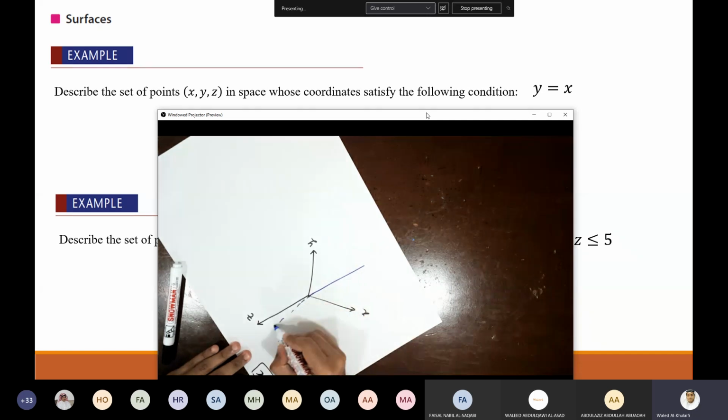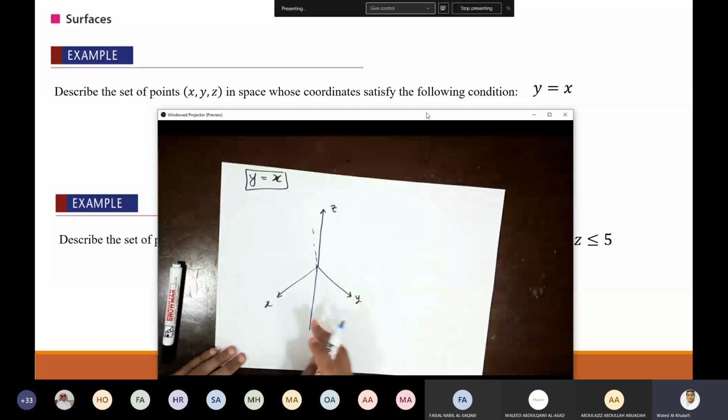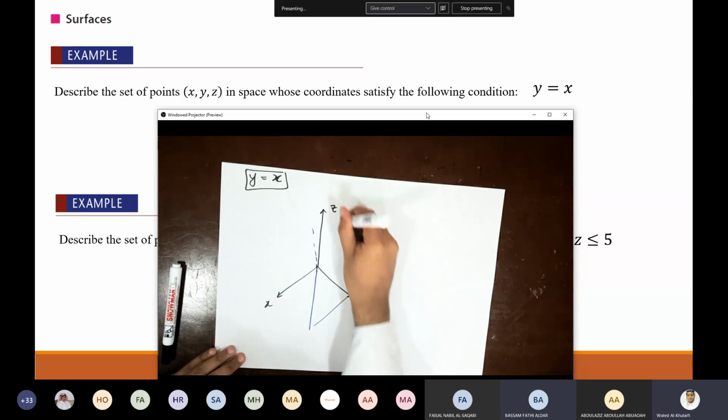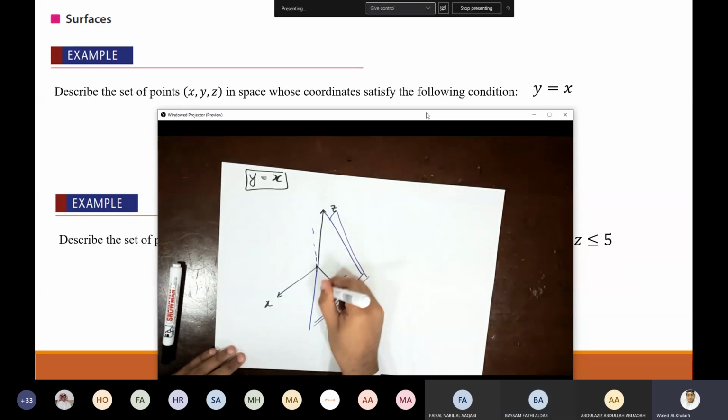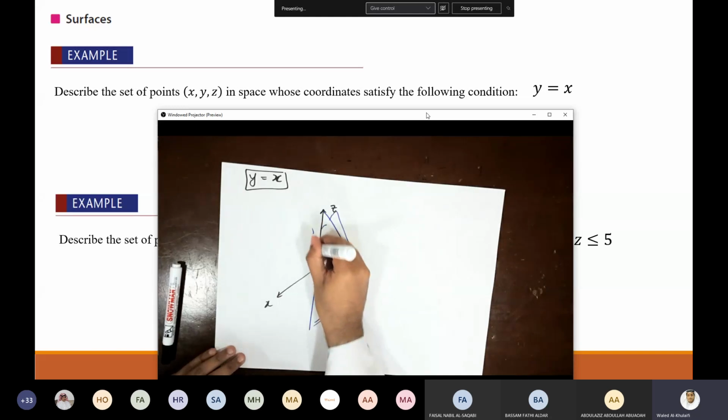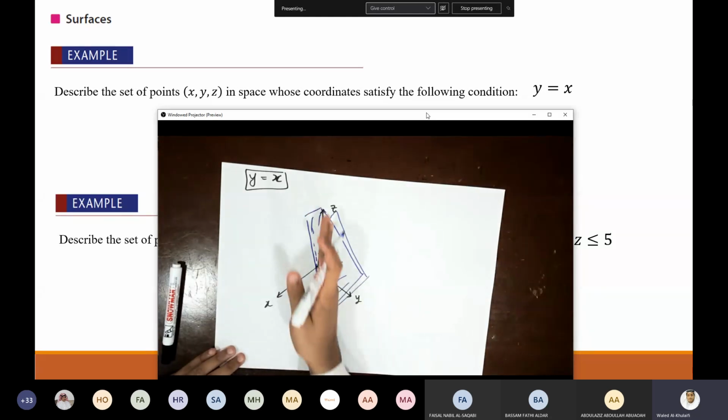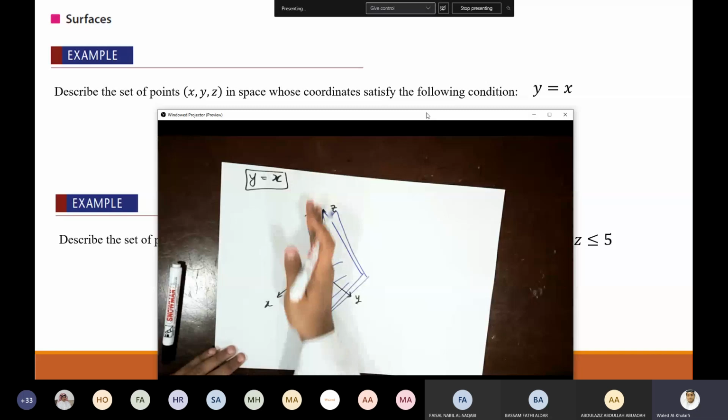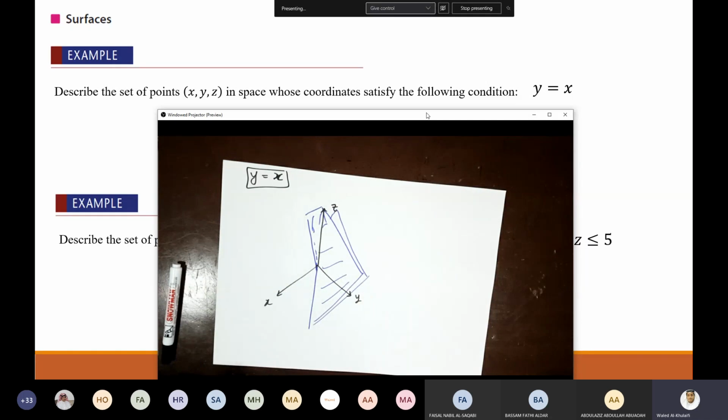But what do you think happens in 3-dimensional space? It goes up and down, so it will be a plane like this, cutting the z-axis here, the whole plane this way.